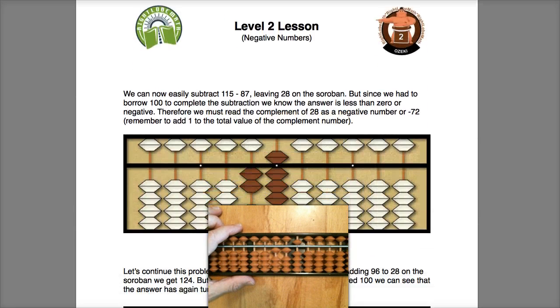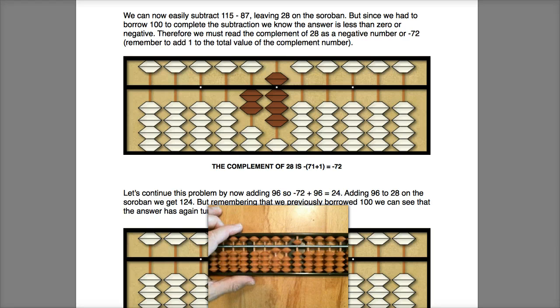So now I can easily subtract 87 from 115, and that leaves me with 28 on the soroban. This means since I had to borrow, my answer is negative. So reading the complement, my answer is a minus 72.